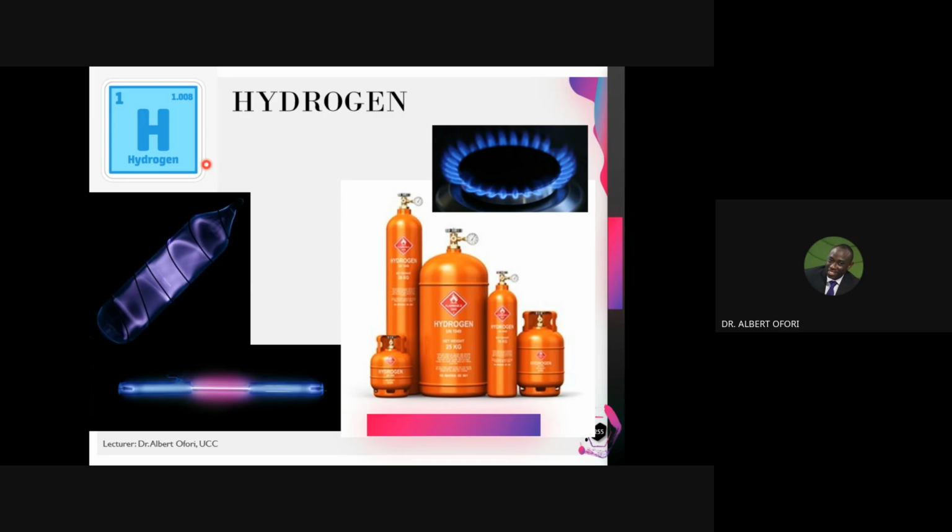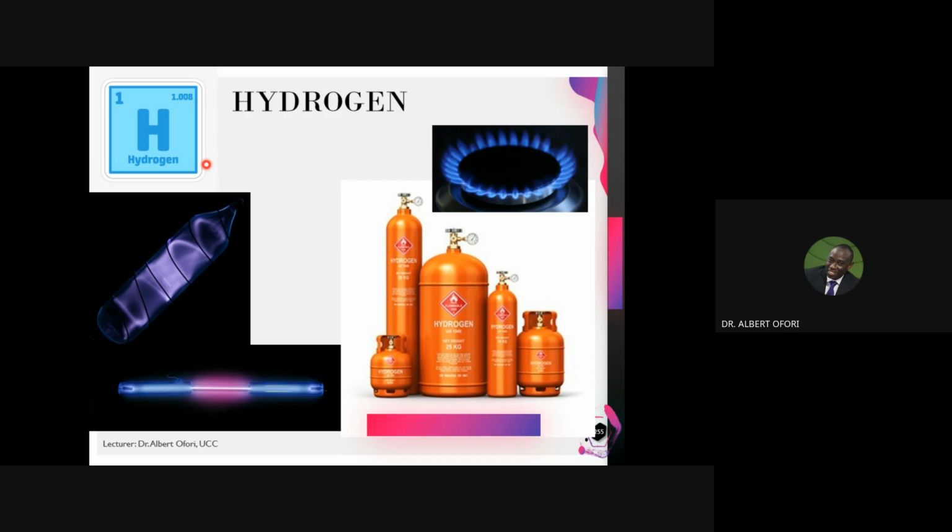Okay. So we'll see that hydrogen occurs in the form of water. It can combine with carbon to form what we call organic compounds, like the hydrocarbons and other functional groups that we can talk of. That's hydrogen.